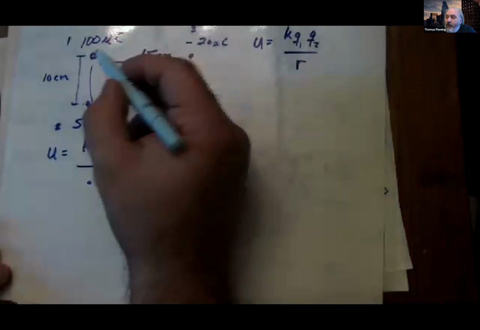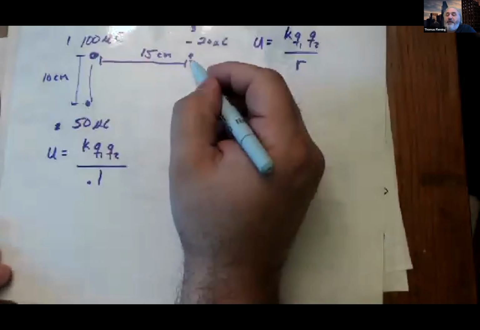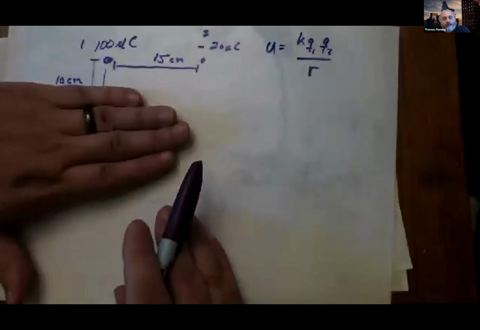But that's just getting those two next to each other. I've got to add this one here as well. So I'm going to go back out to infinity and grab this negative 20 microcoulomb charge. And as I bring this guy in, it's going to have to fight against both of the charges that are already there. To know how much work it would take just to fight this guy, I can ignore this one.